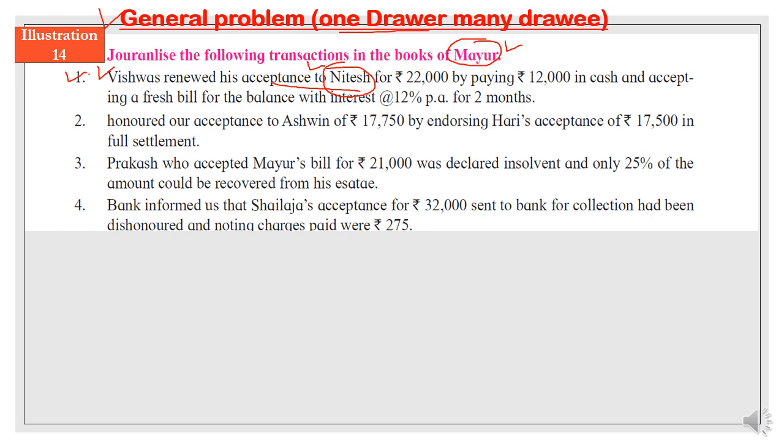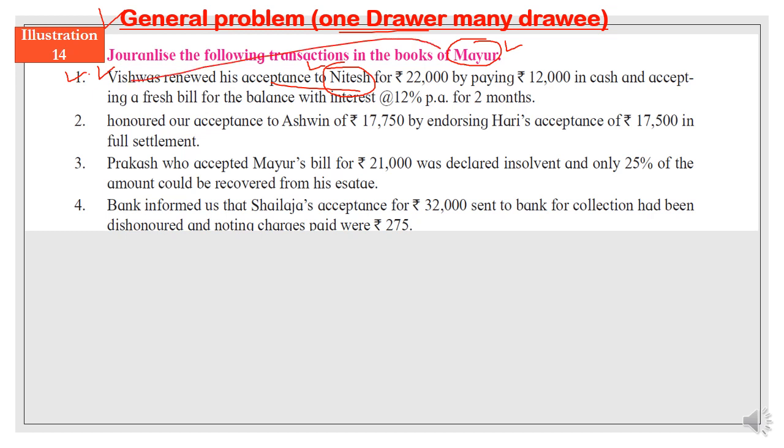So let me clear this, students. You know the person who will pay the amount to someone. So Vishwas is the drawee and Mayur is the drawer. Drawer is also known as a creditor, and drawee is also known as a debtor. So who is the creditor for Vishwas?